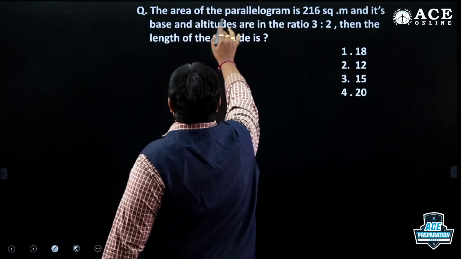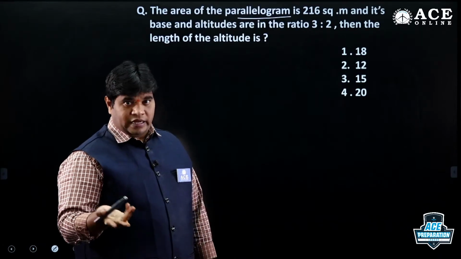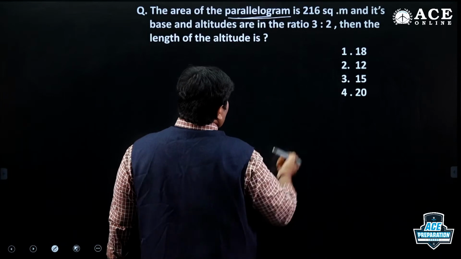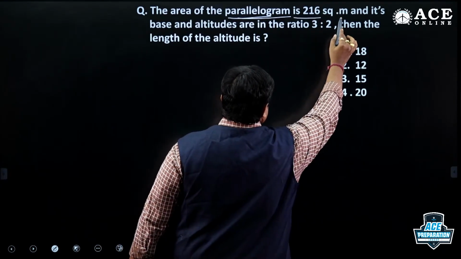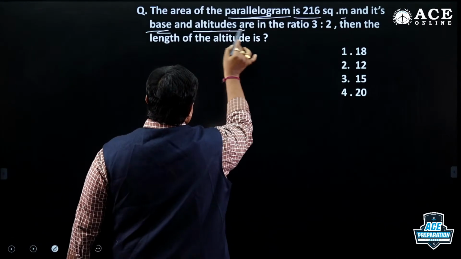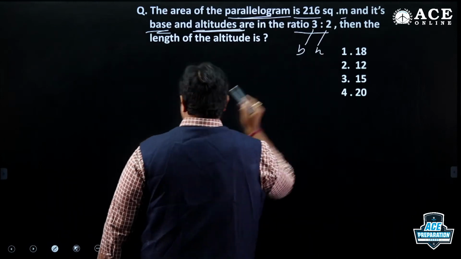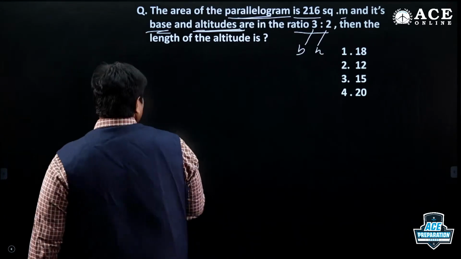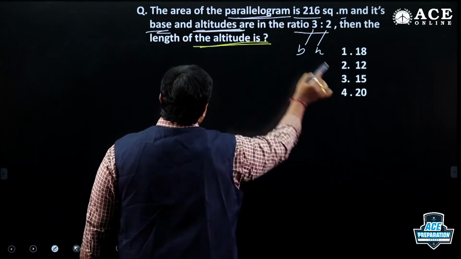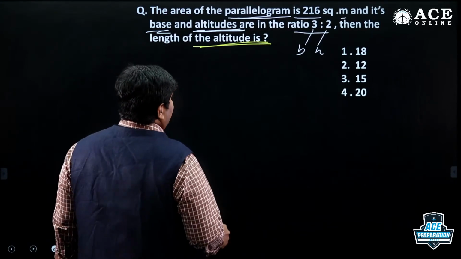Observe. The area of the parallelogram. What is the parallelogram area formula? L into B, or B into H, you can assume anywhere also, is 216 square meter. And its base and altitude are in the ratio 3:2. So this is B, this is H, altitude. Then the length of the altitude is, okay, altitude length.